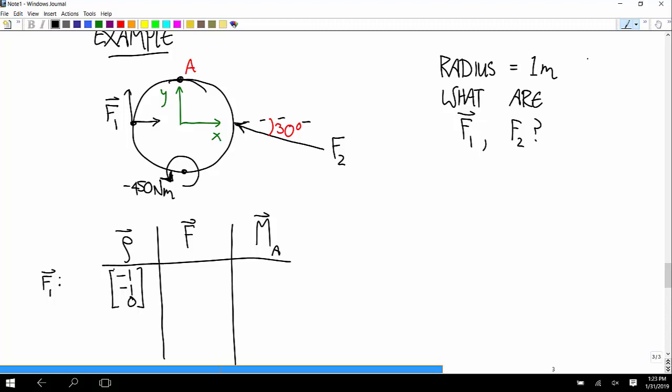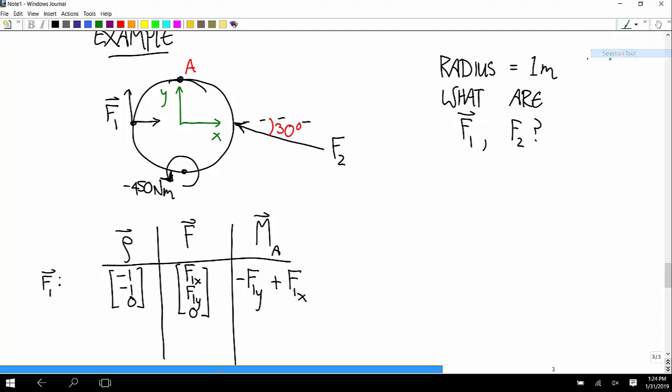How are we going to represent that force vector? Well, we don't know anything about it. It's just an x and a y component. So I'm going to write that as just f1x, f1y, 0. And the cross product of those two vectors is negative f1y plus f1x.